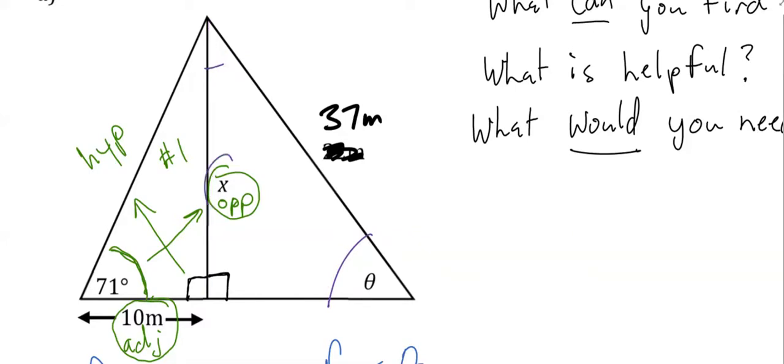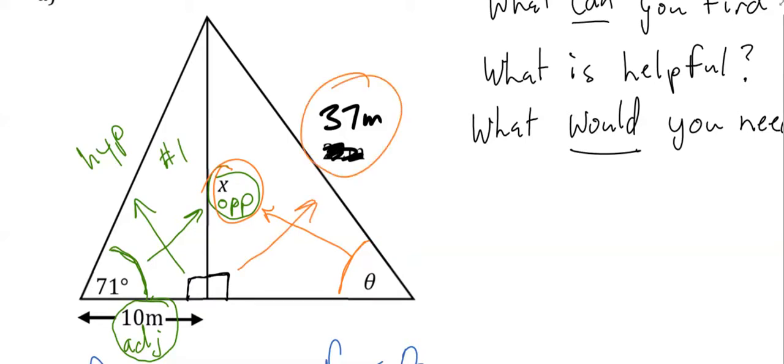So just because I labeled this as opposite doesn't mean it's opposite for everything. Now in this case, we're finding theta. And this is, again, opposite of theta. So it is opposite again, but you always have to rethink. Once you're starting over in a new triangle or with a new angle, you always have to rethink if you have to relabel your sides.